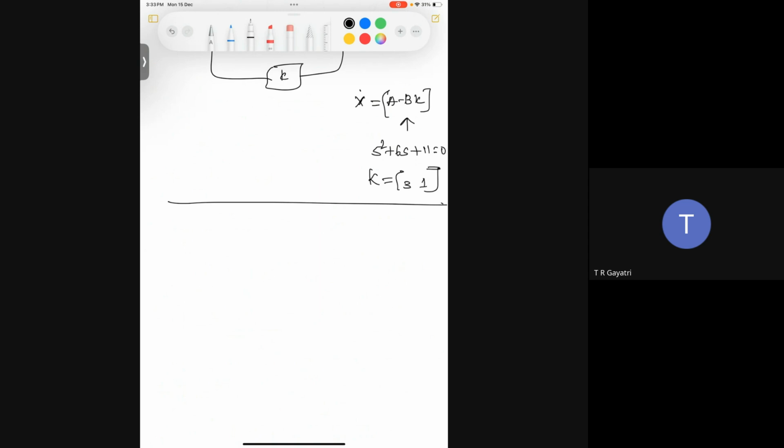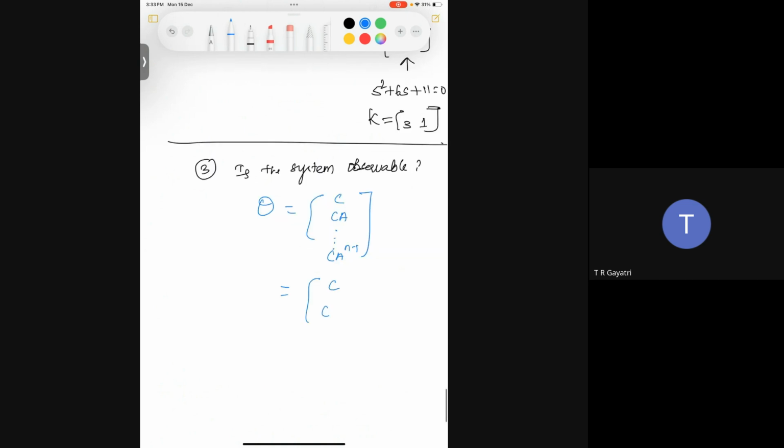Now I am going to ask the next question: is the system observable? We found it is controllable. Now we are going to see if the system is observable also. We know both are independent, right? So the observability matrix can be written as C, CA, up to CA power n minus 1.